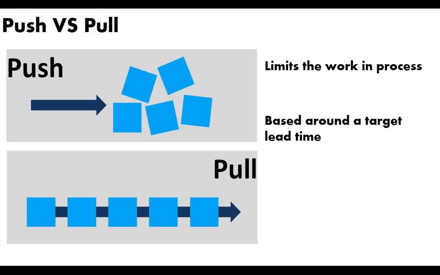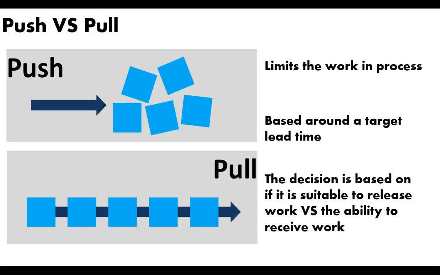It's based around a target lead time, and the decision of whether or not work moves is based on whether it's suitable to release work versus simply our ability to receive the work, our ability to send it on its way. So it's based more around suitability in a push versus pull system.